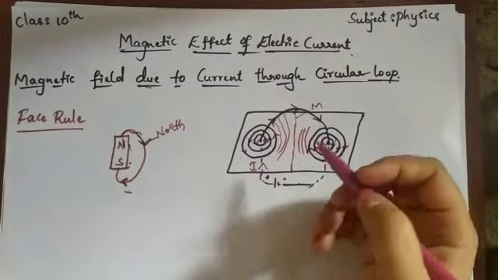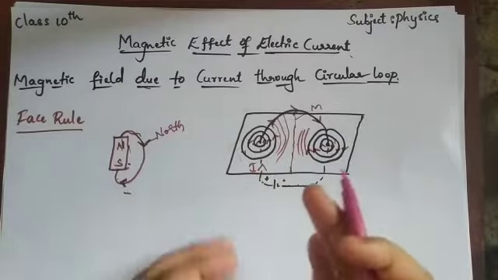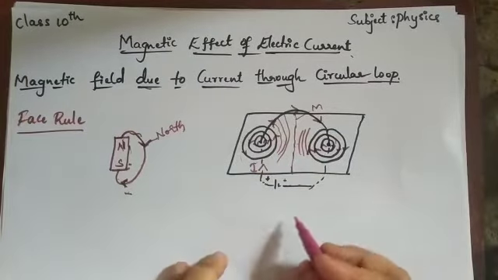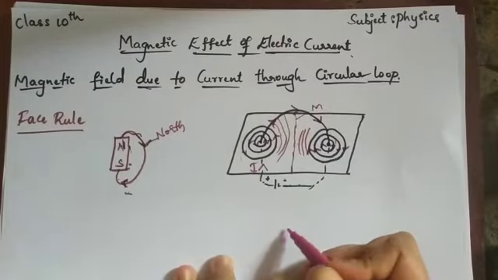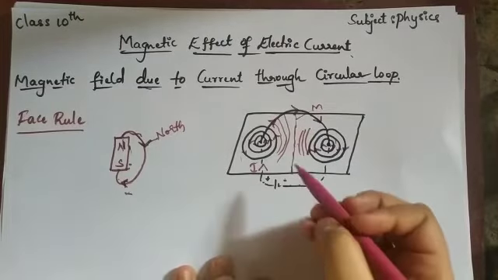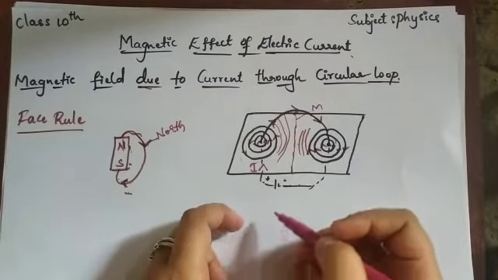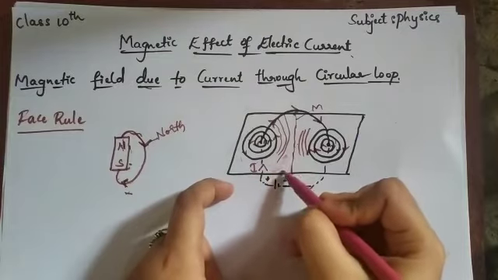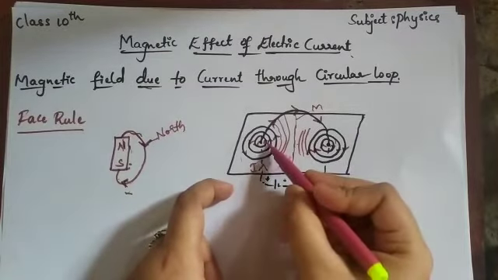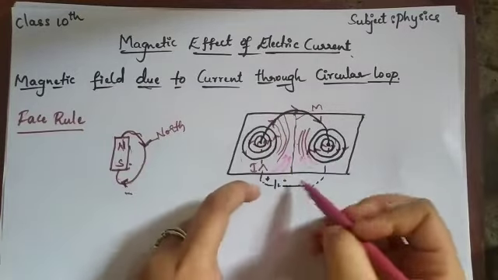So if I am observing from this position, what I can say is that the magnetic field lines are entering, isn't it? It is like this. Here you can see this arrow entering, and here also this arrow is entering.